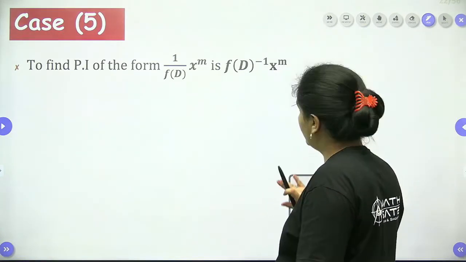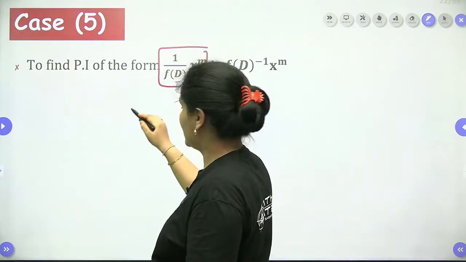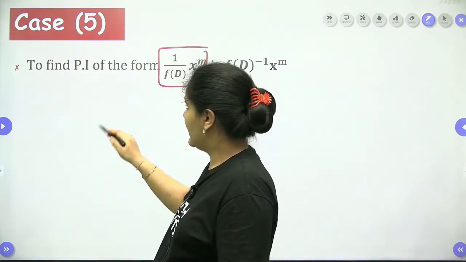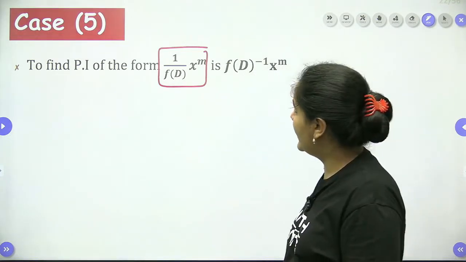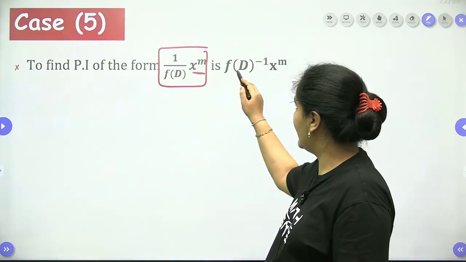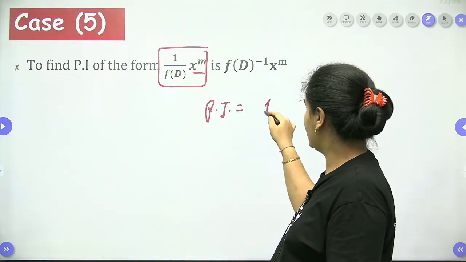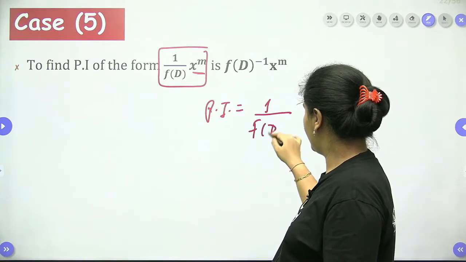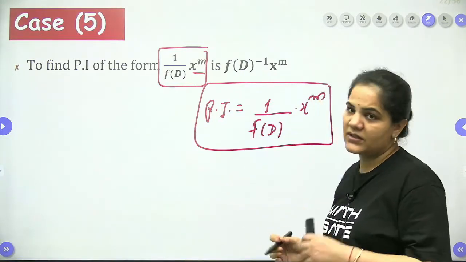The next case is if the PI is of the form x power m, meaning when we have an algebraic function. So we can write down 1 by f of D into x to the power m. If you have to find the PI of 1 by f of D into x to the power m, now it's a special case.